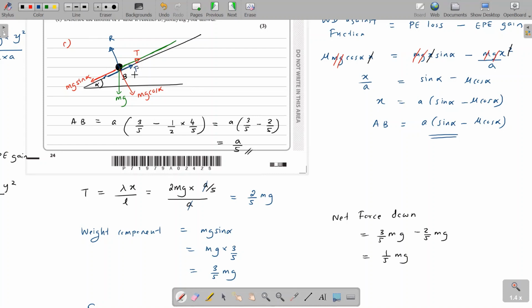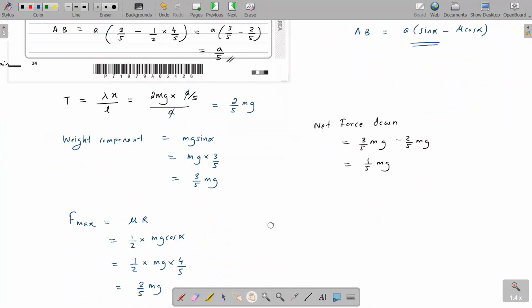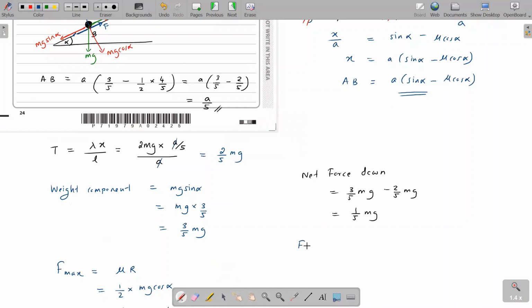And how much friction are we having upwards? The net force of 1/5 mg is acting downwards, so friction must be capable of giving that exact amount to keep this in equilibrium. We don't have the maximum friction. The friction force in this question is 1/5 mg upwards along the plane.